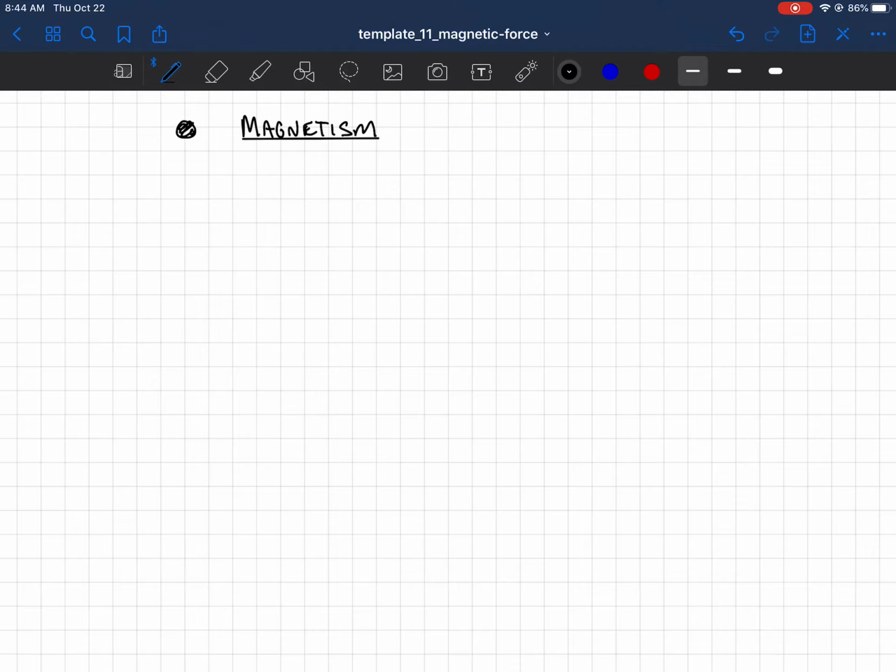So the origin of magnetism comes about because you have atoms, which have a positively charged nucleus, and then they have a negatively charged electron, and that electron sort of spins around the nucleus, and it can create a magnetic field. So that's one way that you can create magnetism.